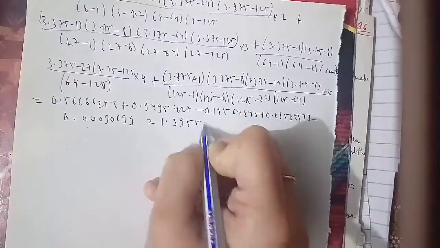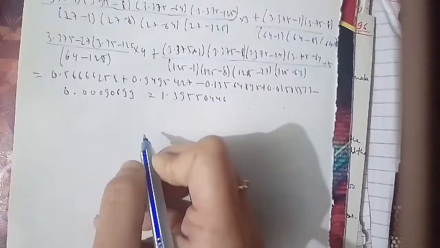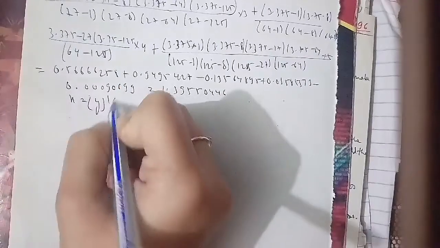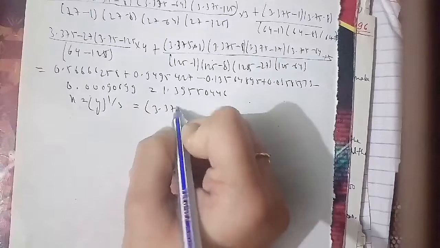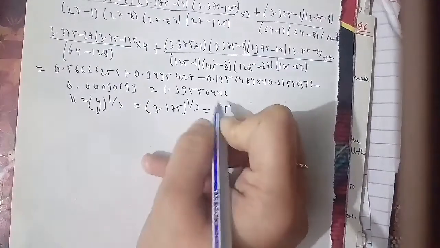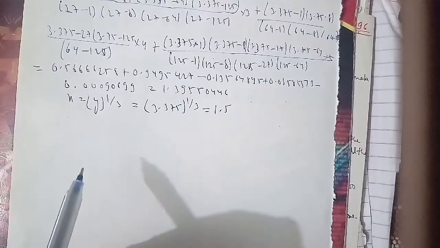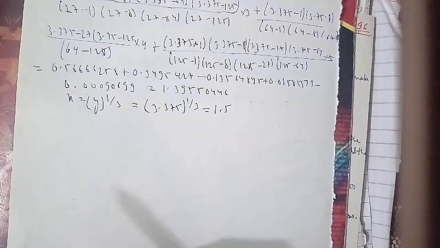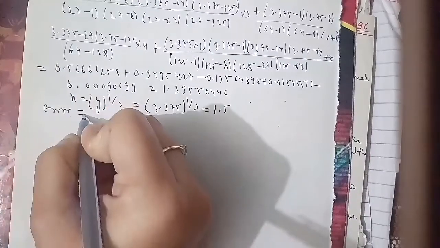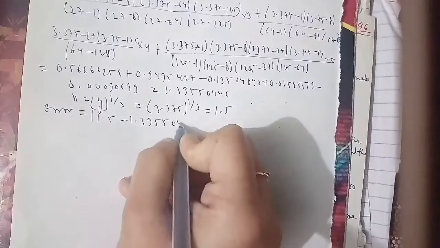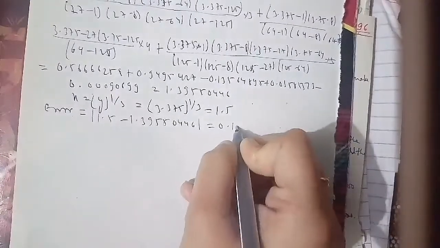The question is: using the numerical method, express the rational function (3x squared plus x plus 1) upon (x minus 1)(x minus 2)(x minus 3) as a sum of partial fractions.